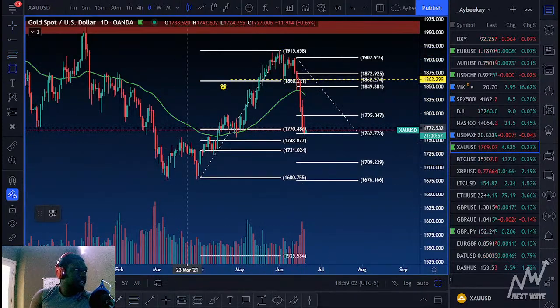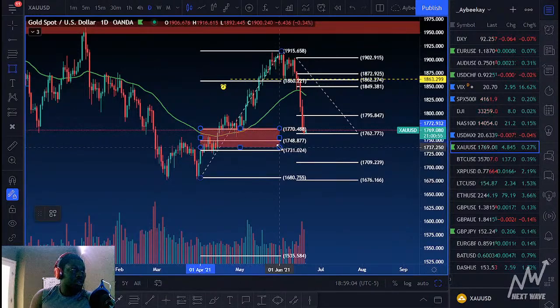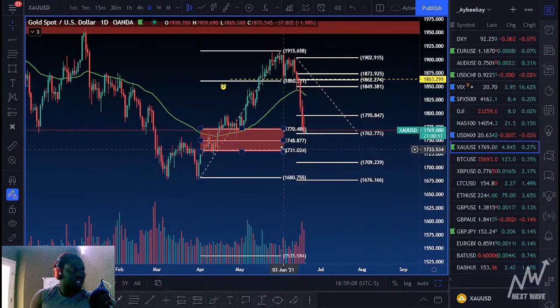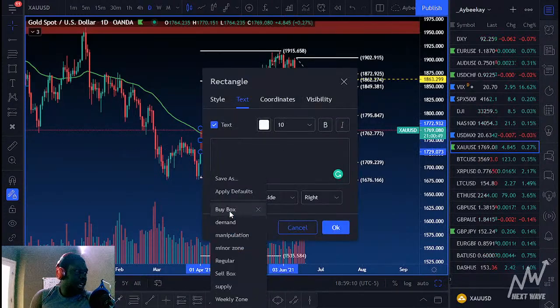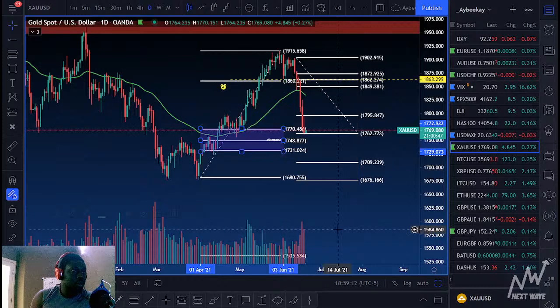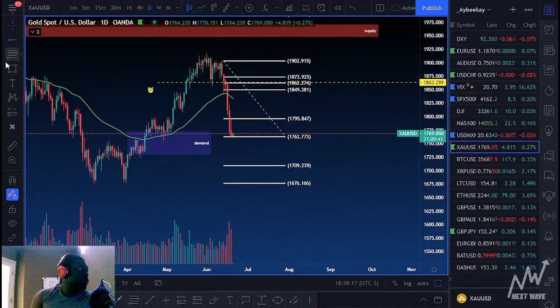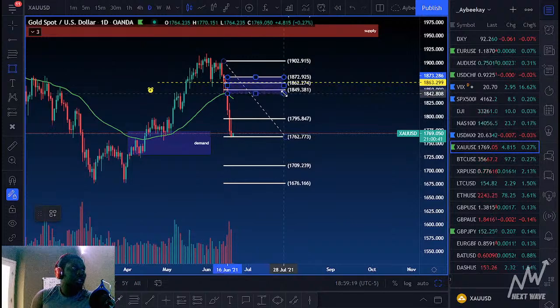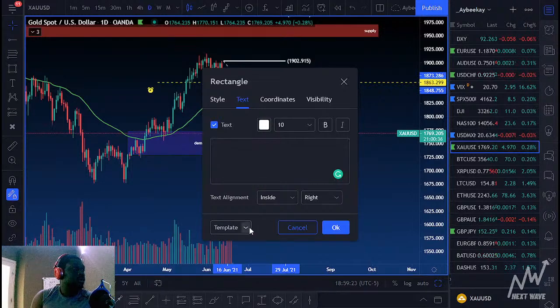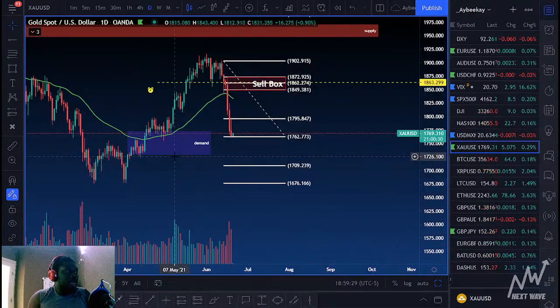Same thing I'm going to do here is I'm going to draw this and just have it as a demand zone and not a buy or sell box. Hide it. This is my sell box over here. Oops. Did not mean that. Okay. Or, you know what?